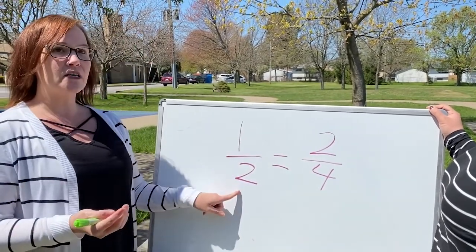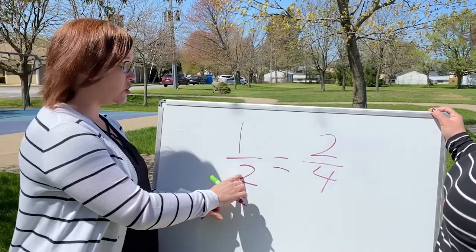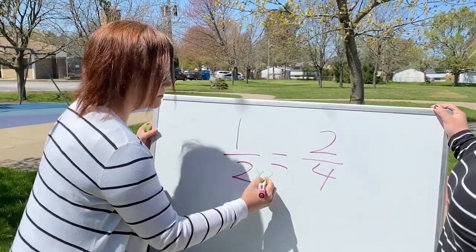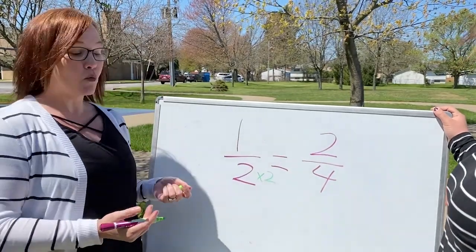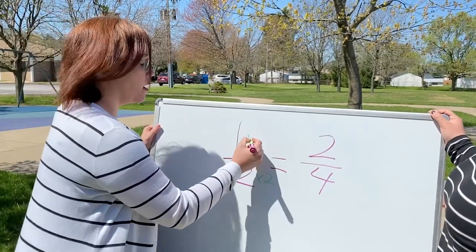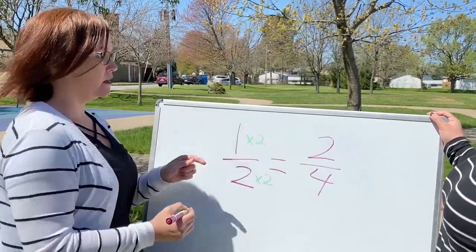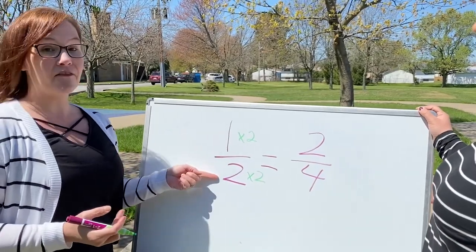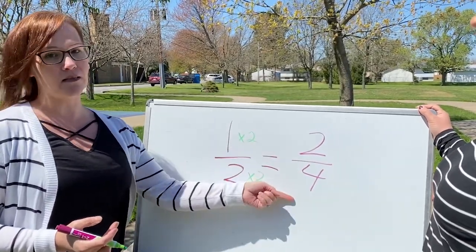Well, if I think for a second, I know that 2 times 2 equals 4. My rule says whatever I do to the bottom, I must do to the top. So 1 times 2 gives me 2. So there again, 1/2 is equivalent to 2/4.